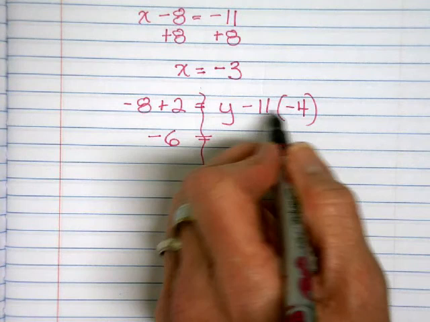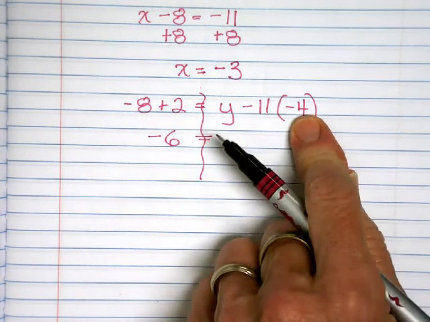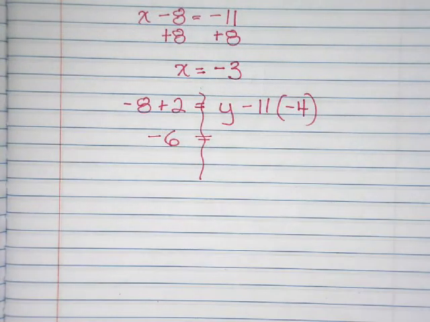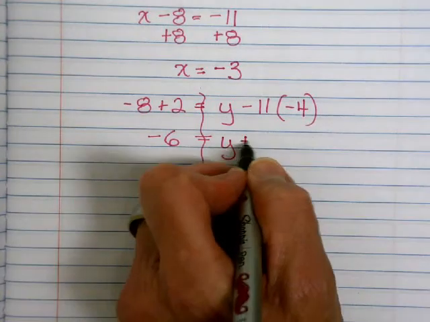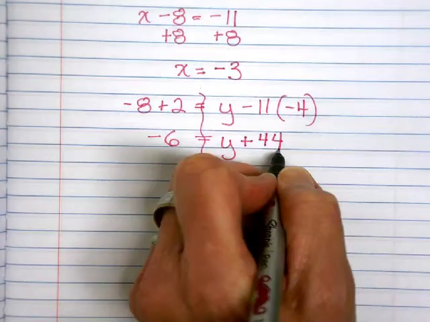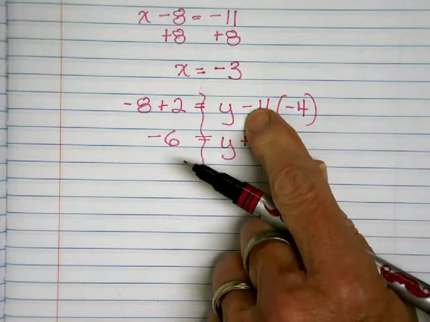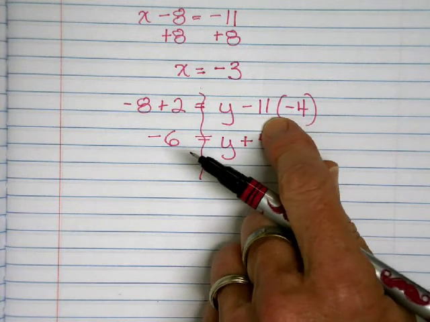This side, I would multiply these two. Isn't that what that means? Parentheses around a negative next to a number means multiply. What's a negative 11 times negative 4? Negative 44. Close, it's positive 44. Now that's a trick. I'm glad you said something. The negative goes with the number, friends.